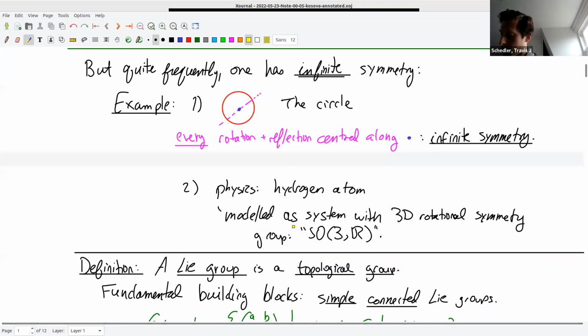Another example would be in physics. We have the hydrogen atom. This is a really important, basic example in quantum mechanics, and the foundation for chemistry as we know it, is all based on what happens when you look at a hydrogen atom under the spherically symmetric electric force.